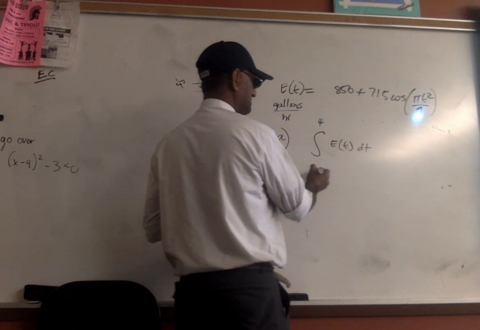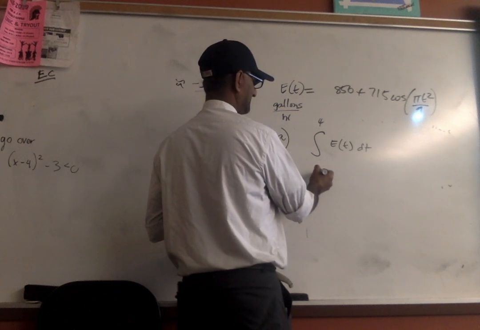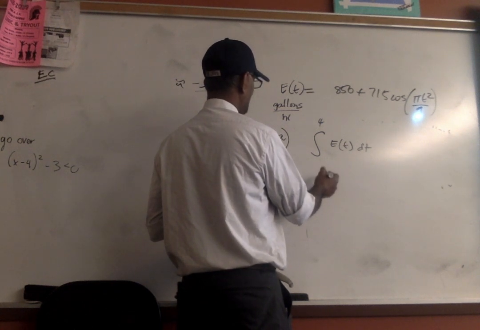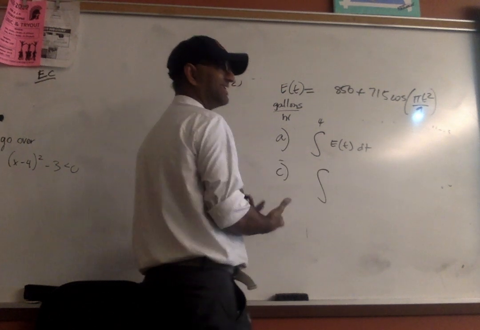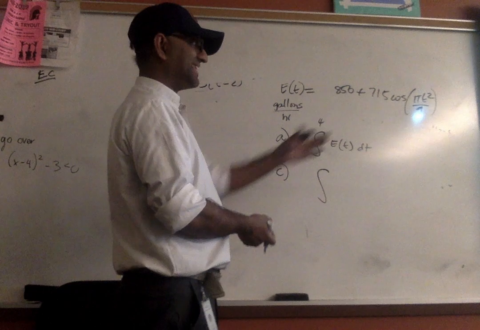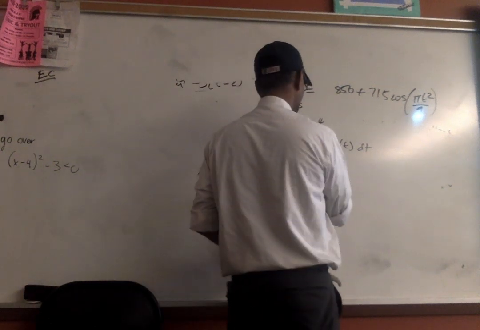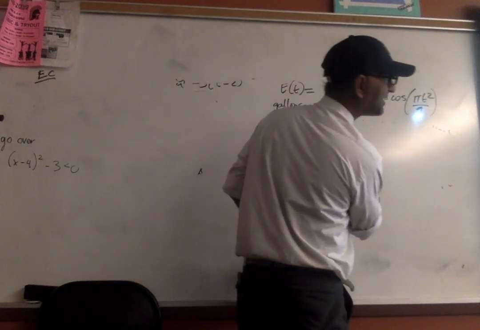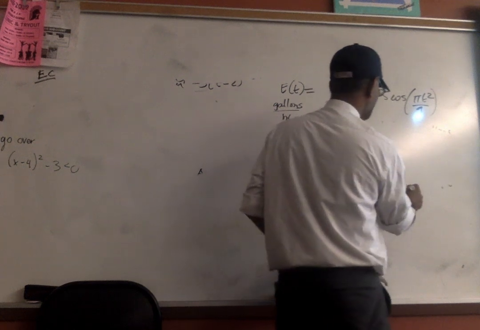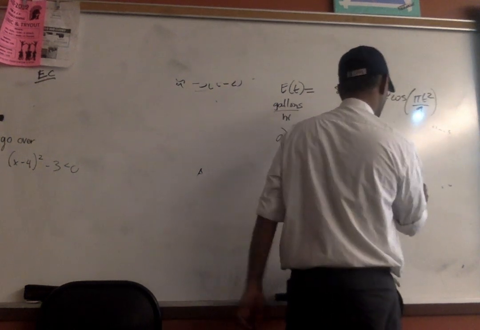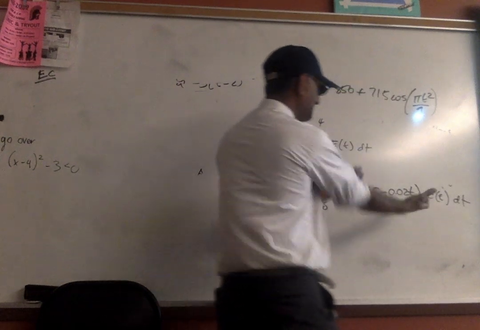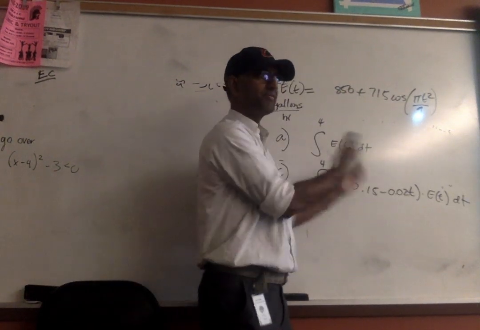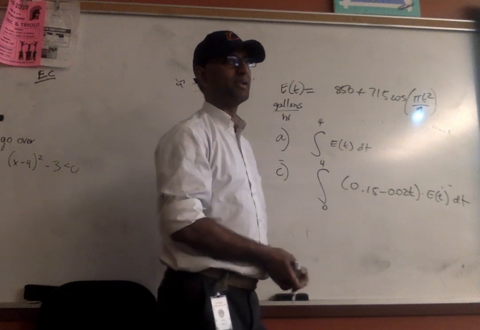What operation should I do? Should I just multiply, or should I do something else with it? Integral, right? Yeah, we're doing integral. It changes from 0 to 4. So 0 to 4, and then is that 0.15 minus 0.02 t, and then times E of t dt. It keeps changing. The cost changes with the entering function. Do that, and the total will be equal to the answer.